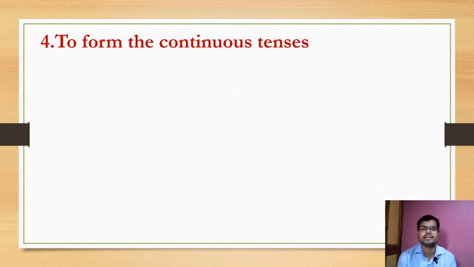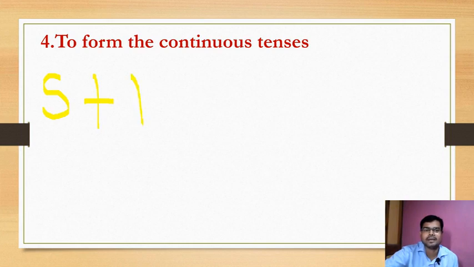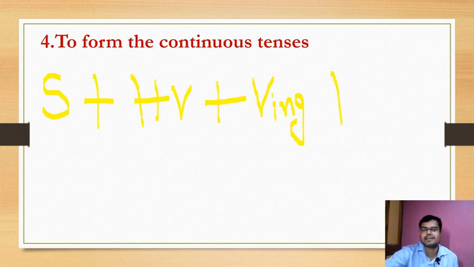Like, first you should have a subject, after that you will have what? A helping verb, after that the verb's ing form, and at the last there would be an object.